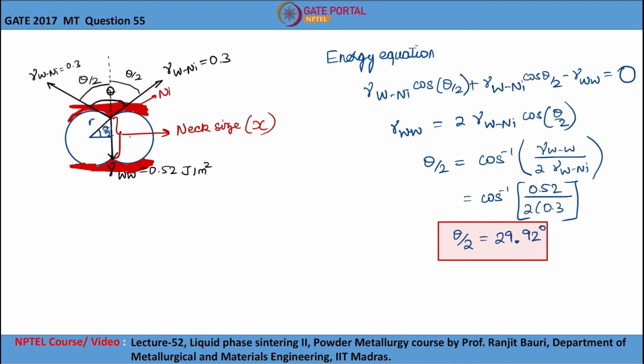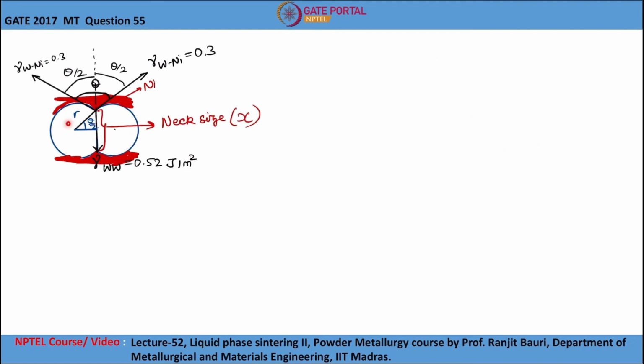So let us find the value of neck size from this triangle. Let me redraw this portion. We know that this is a right angled triangle and this value is theta by 2 and this value is the radius of the tungsten particle, that is 20 micrometers, and this value is the neck size by 2, that is x by 2. The value of theta by 2 is 29.92 degrees.